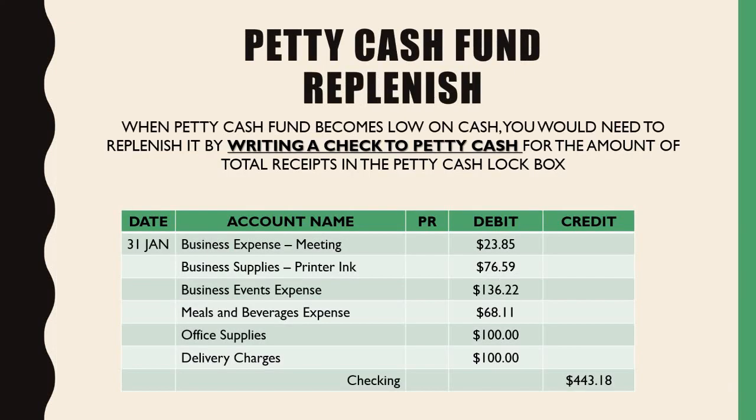Now, how do we replenish it? Well, straightforward. When you purchase the items in the first place with the petty cash drawer, you don't record that transaction, because you place that receipt into the lockbox. So whenever you are ready to replenish the petty cash drawer, that's where you recognize your expenses.